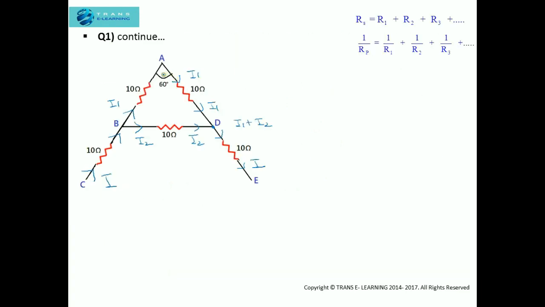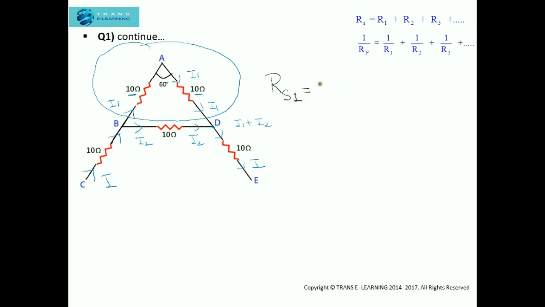First of all, we will consider this part of the alphabet A. In this case, the current I flows through this 10 ohm resistor and the same current I flows through this 10 ohm resistor. So that means these two are in series combination with each other. We will first find the equivalent resistance across this end and let it be RS1.